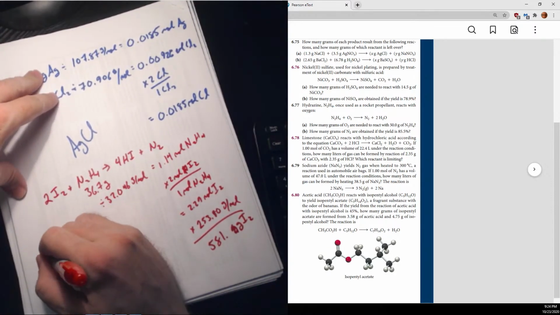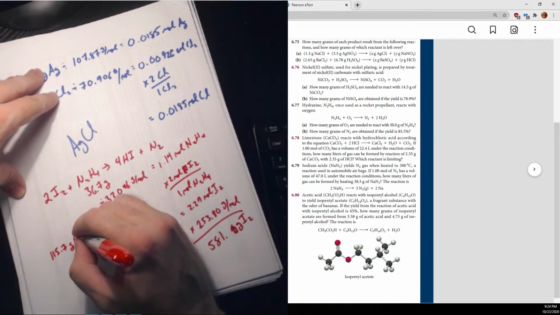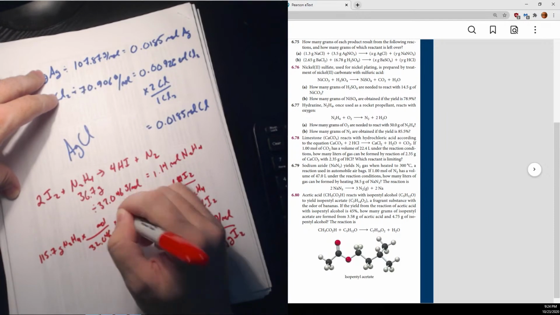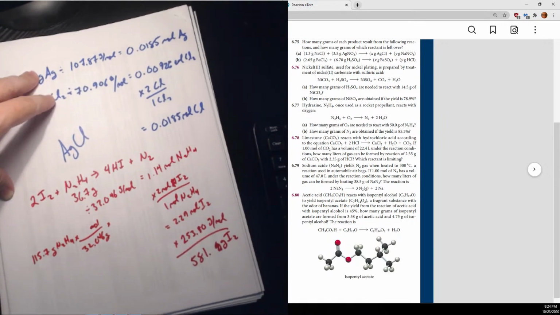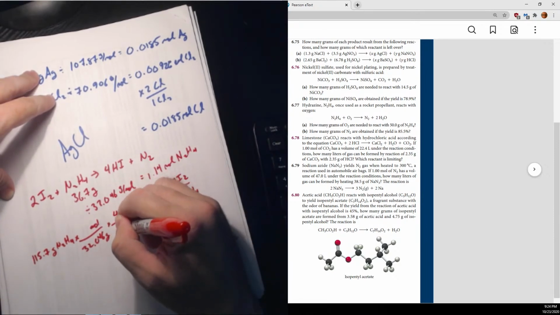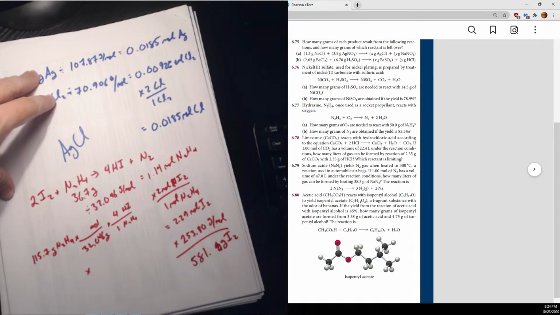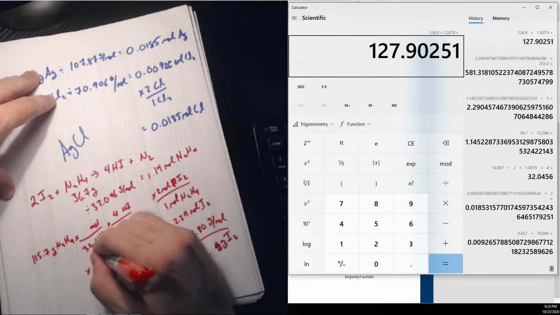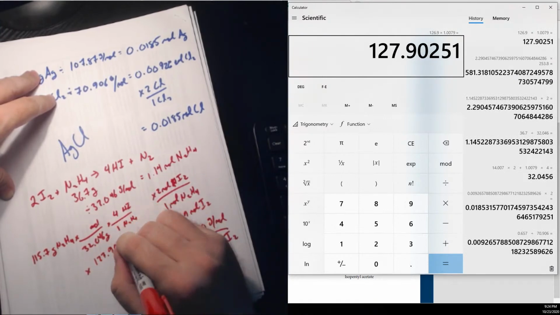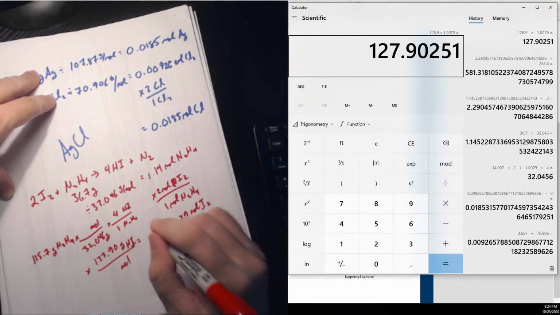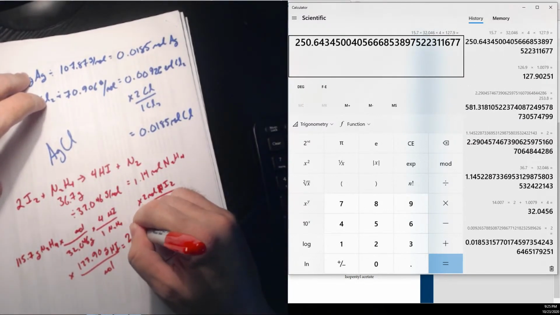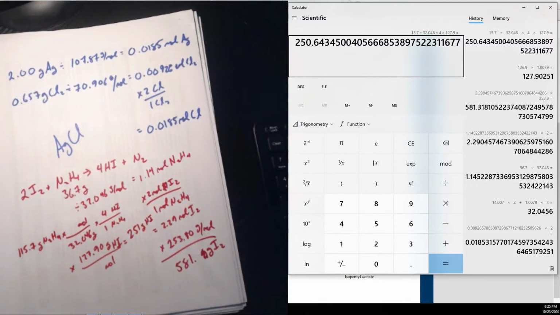So 115.7 grams of hydrazine times 1 mole per 32.046 grams times 4 HI for every 1 N2H4 times, let's see, 126.9 plus 1.079, 127.90 grams per mole of HI equals 251 grams of hydroiodic acid. That's a lot. A quarter kilo?